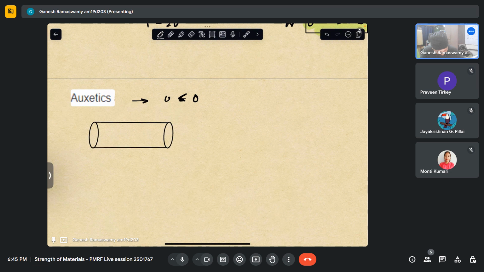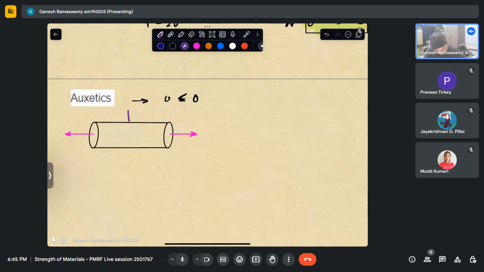Now if I were to pull this, normally in normal materials we will see this D would actually reduce. But it so happens there are certain class of materials where when we pull it, because of Poisson's ratio. So how is Poisson's ratio defined?